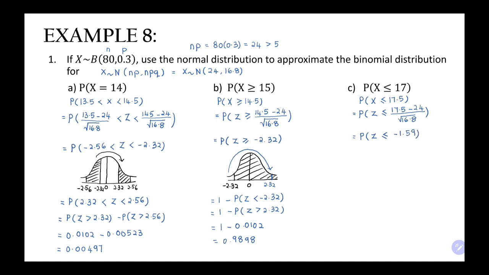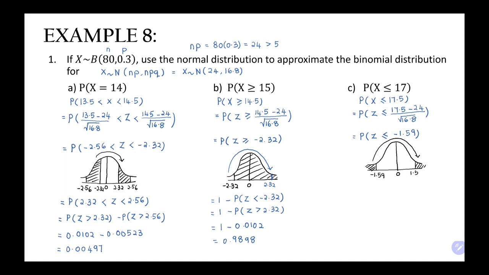For symbol less than equal and negative value, we can't read from table. So we need to sketch the normal curve to check the area. So we have less than negative 1.59. Then we have less than equal. Less than equal means to the left side. So this area. And we know this area same with positive area.